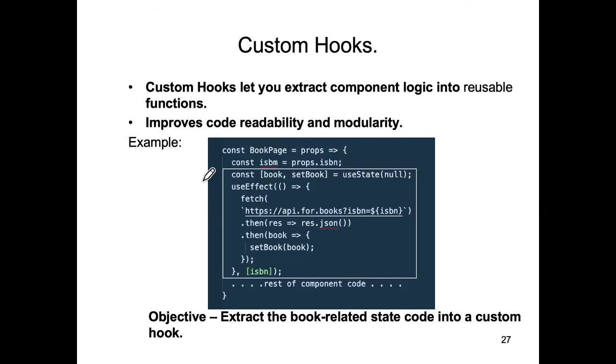So what would be nice is if we could just lift all of this code out of the component and put it into a separate function and invoke that function. It just cleans up my book page component, and maybe I can reuse that function elsewhere as well. That function that I would put it into is what we call a custom hook.